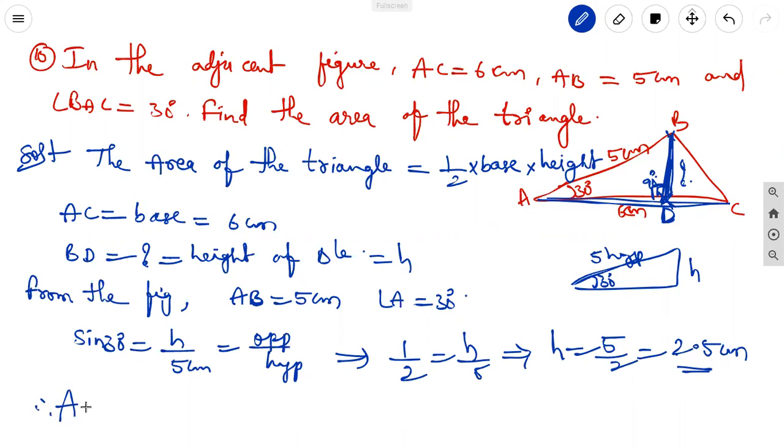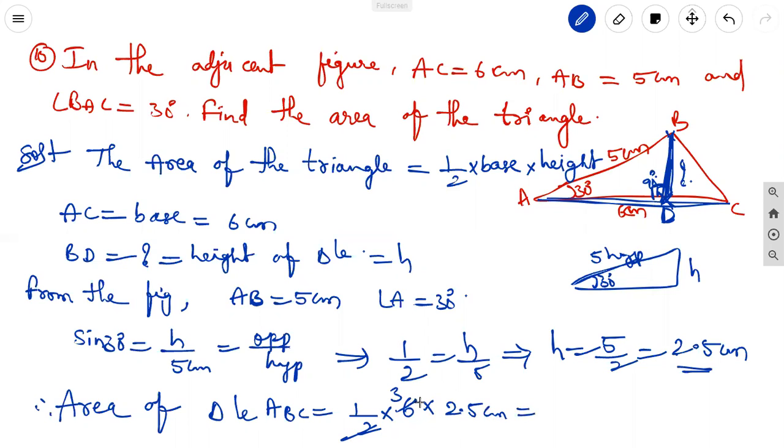Therefore, area of triangle ABC is equal to half into base AC, that is 6 centimeter, into 2.5. Two ones are 2, two threes are 6, three fives are 15, 1 carry, 6 plus 1 is 7, so 7.5 centimeters square. It is the area of the triangle.